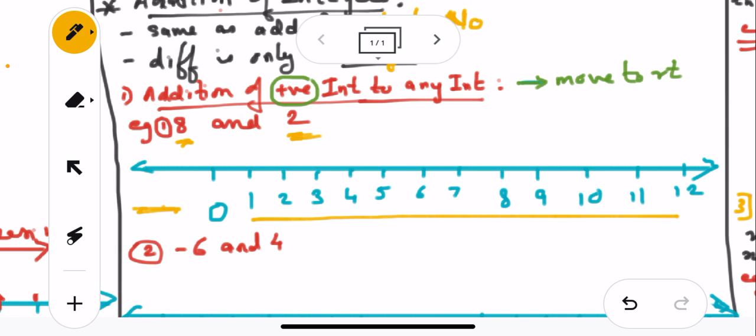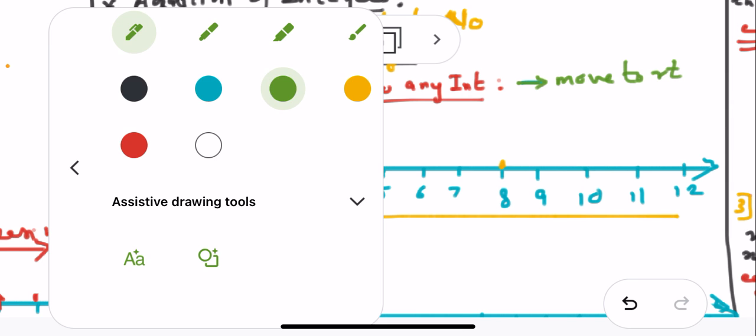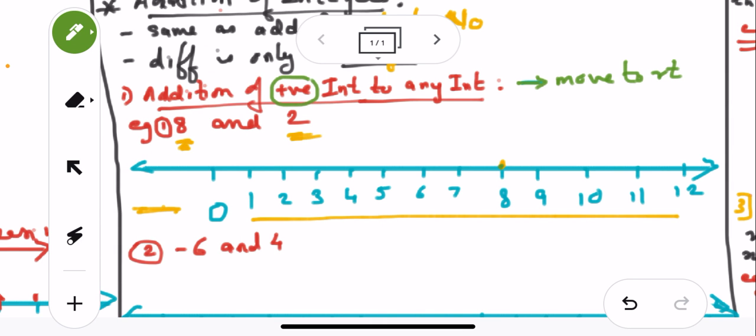Second step, we are going to start with 8. Let me see the point 8 here. I'll mark the number 8 on my number line. They are asking us to add 8 plus 2. So 8 is my first marking on this number line.